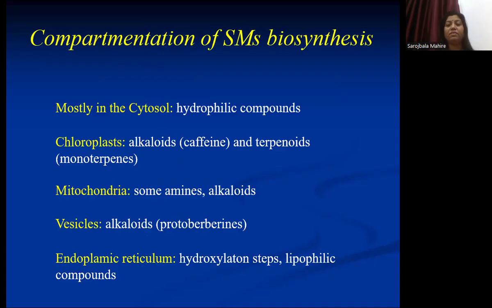Compartmentation of secondary metabolism biosynthesis. Mostly in the cytosol, hydrophilic compounds are there, hydrophilic meaning miscible or soluble in water. In the chloroplast, there are alkaloids, for example caffeine, and the terpenoids, meaning monoterpenoids, are considered. Mitochondria is one of the parts where some amines are synthesized as well as alkaloids.